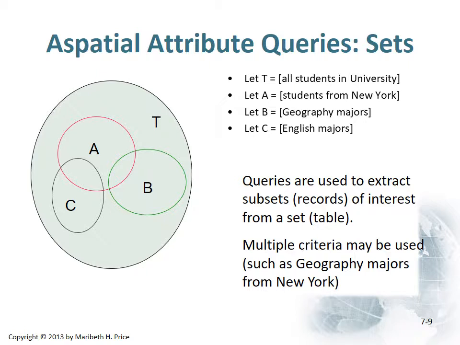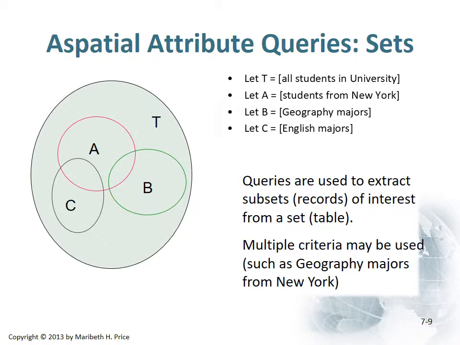So set theory works by taking variables, whatever they happen to be, and applying categories to them. So here, for example, T is our data universe. It's all students located at a particular university. A is all students from New York. B is geography majors. C is English majors.